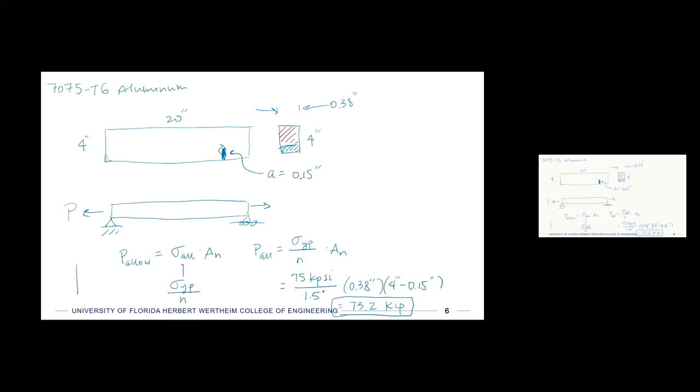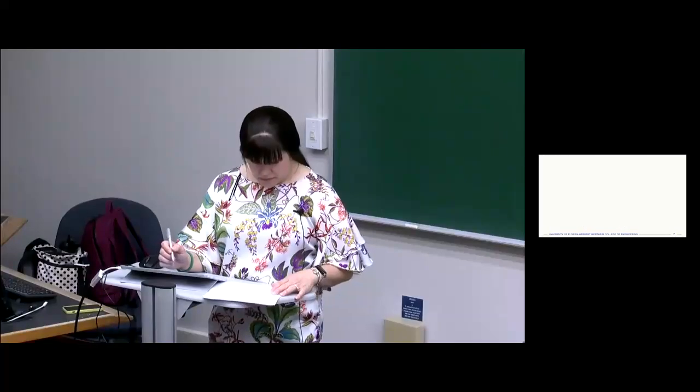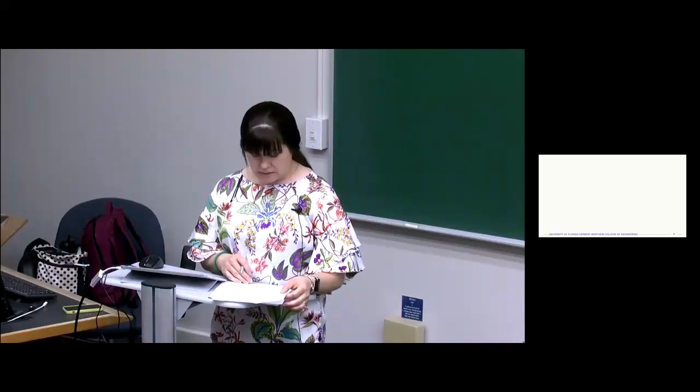Now we need to compare that with what the load would be if we were thinking about brittle fracture. I gave some equations in the last class and these charts that we talked about in this class, and they assume a plane strain approximation. That means the plate is sufficiently thick to make those assumptions.